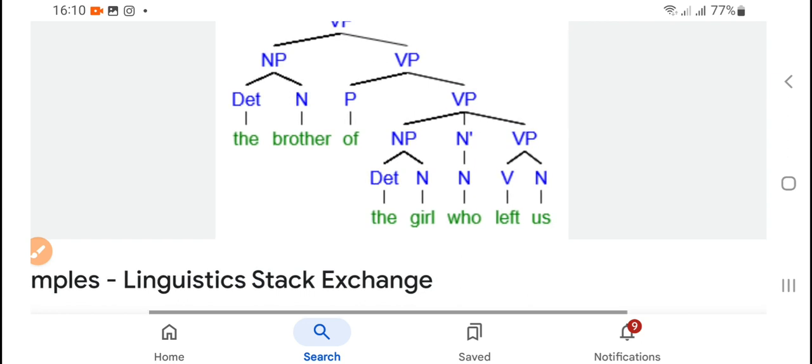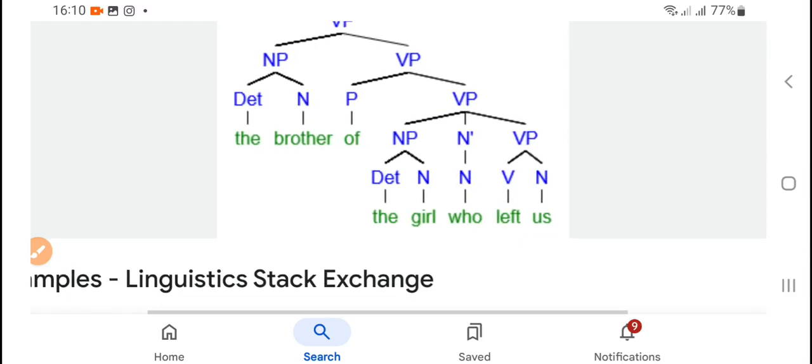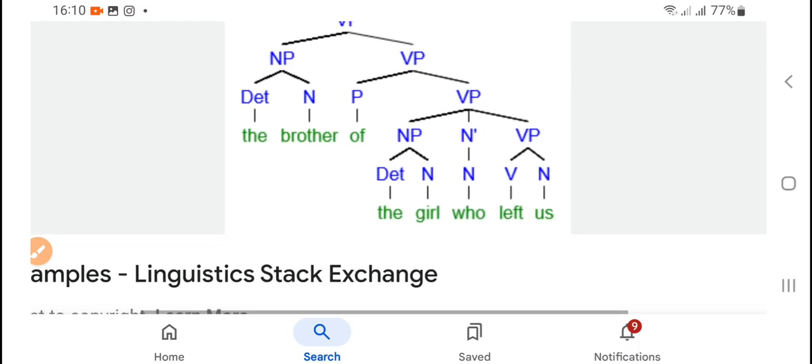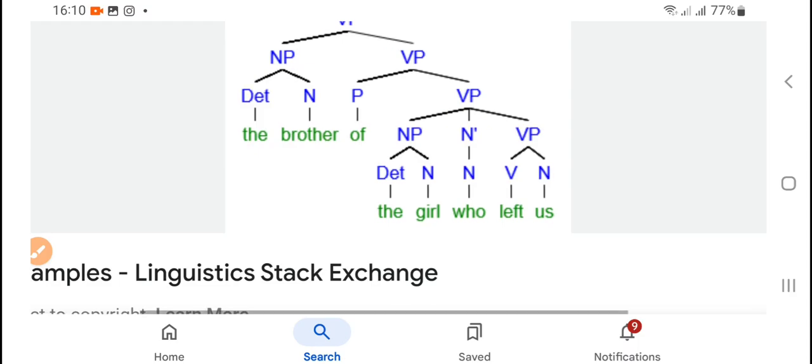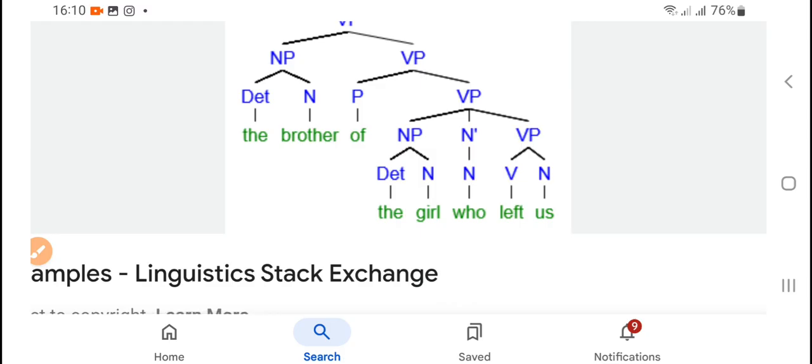Then a noun phrase is there, and then a verb phrase. So this sentence is analyzed this way: the brother, determiner, brother, noun. Then in the verb phrase, the preposition is there, then of the girl who left us. So that's the girl, again a noun phrase, right? Then who is a noun, which is used for the girl, and then left is the verb.